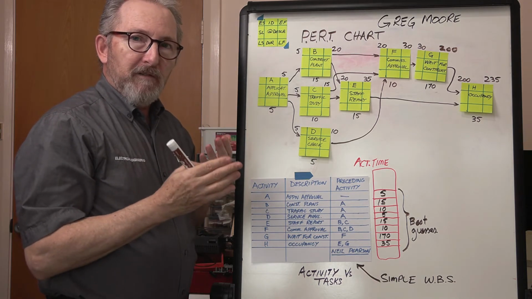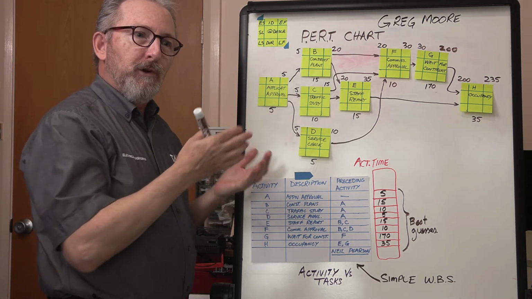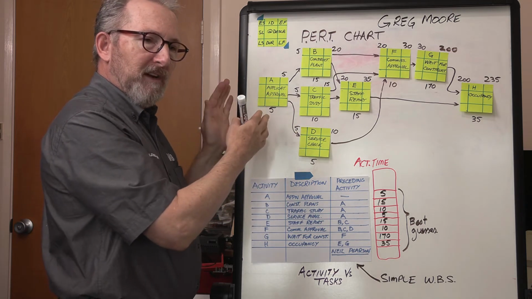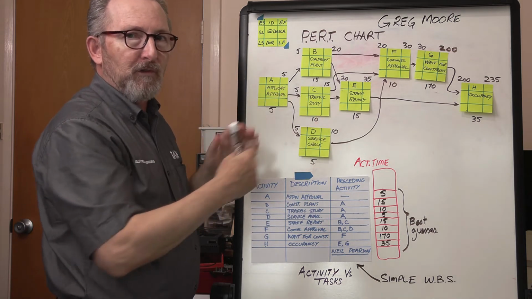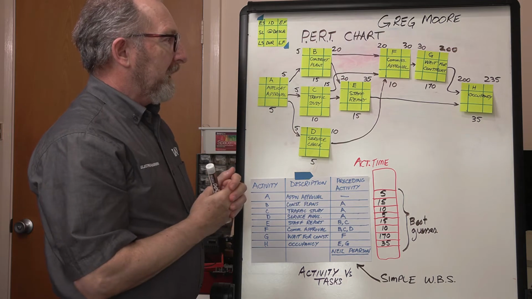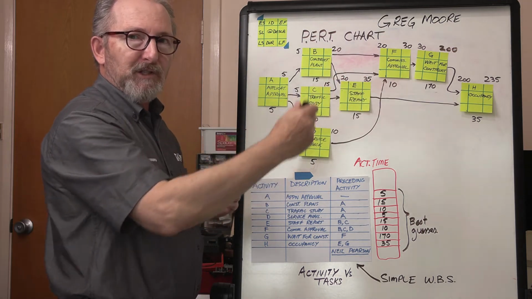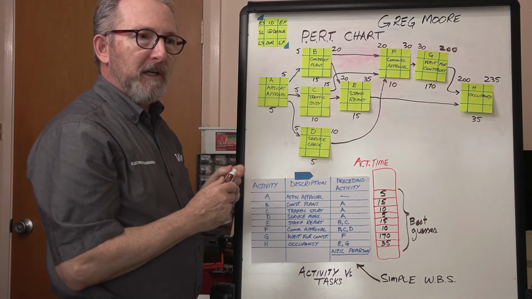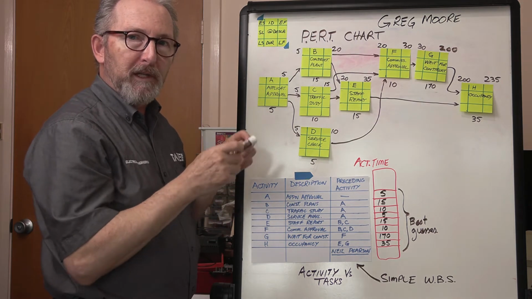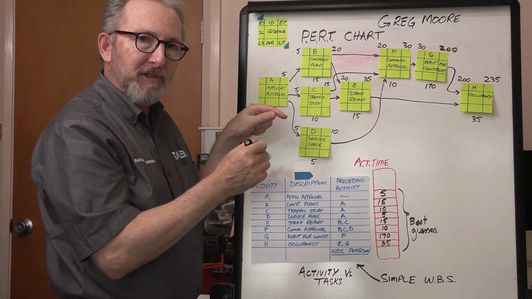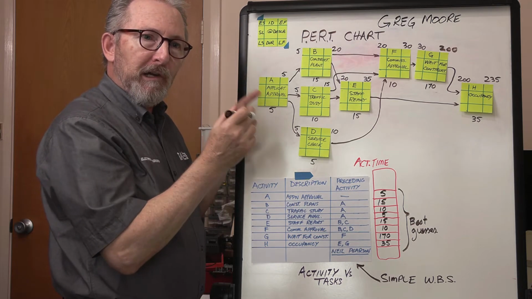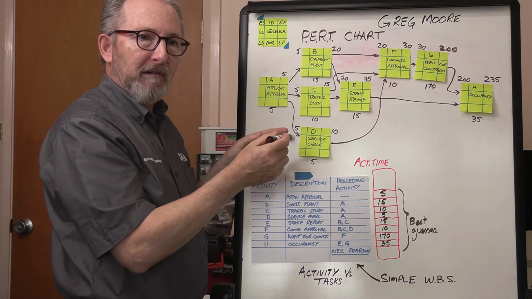What I've just done is a forward pass going through this. I've started from the left hand side and I've gone across to the right hand side. We're going to come back in a different colour and do a backward pass back through, and then we're going to do a little bit of maths between the backward pass and the forward pass to show me where the critical path is on the diagram.